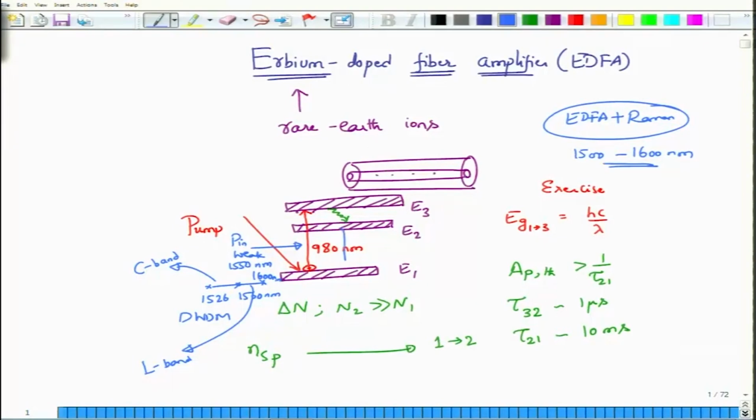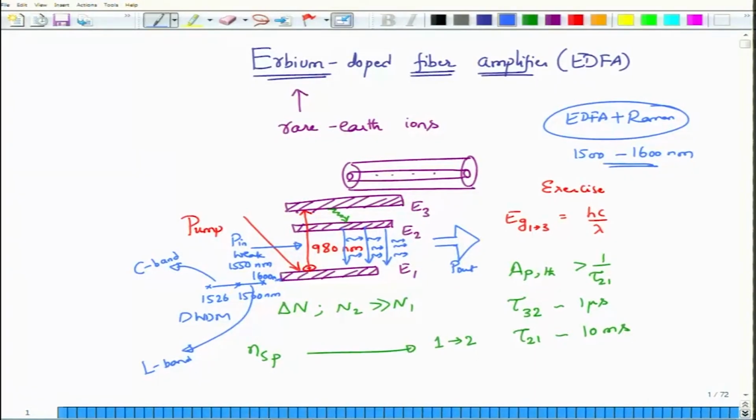They will induce stimulated emission, because E2 is the reservoir holding many of the atoms at that level, whereas when the atoms drop down from E2 to E1, they will release a lot of photons, eventually amplifying the input that you have sent out. So the output power will definitely be larger than the input power. This is essentially the basic idea of the erbium doped fiber amplifier.